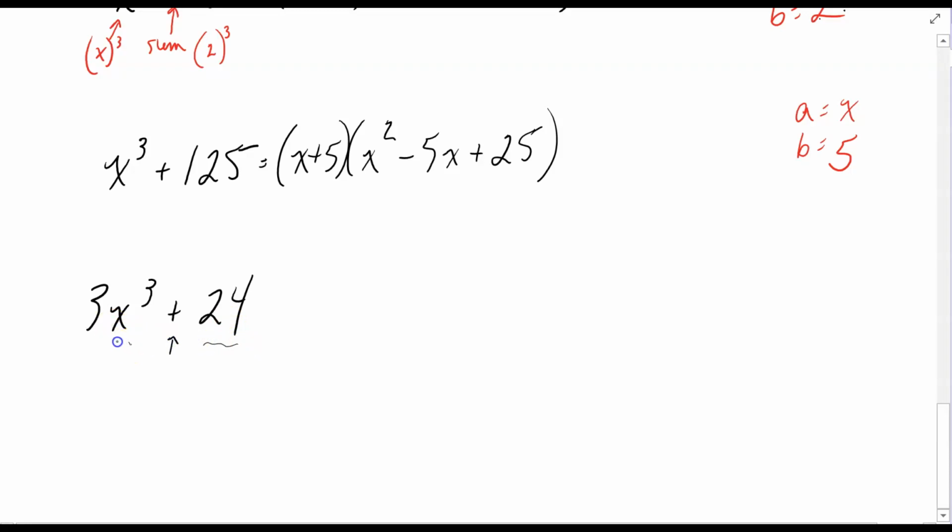It's got a cube in it, but not a cube itself, right? So let's try common factor. Okay. Common factor in each of these two terms is 3. And when you common factor 3, you get x cubed plus 8.